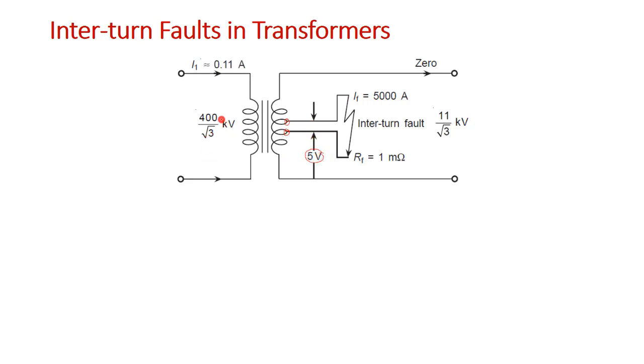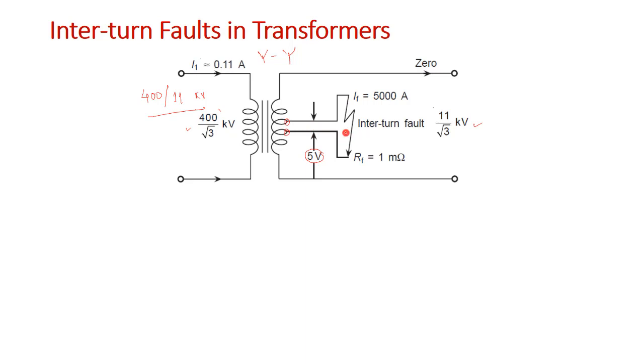If we consider a transformer of 400 kV to 11 kV, a star transformer, these are line voltages, therefore the phase voltage will be 400 by root 3, and here 11 by root 3 kV, and therefore the voltage between these two turns will be 5 volt.